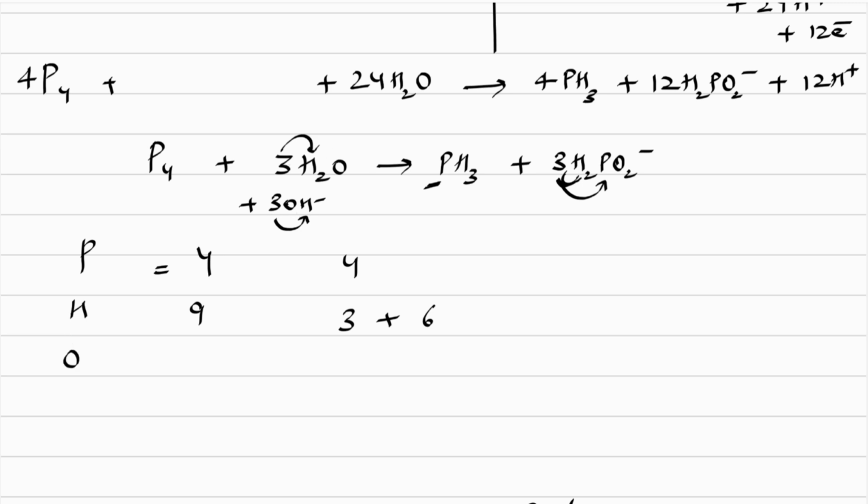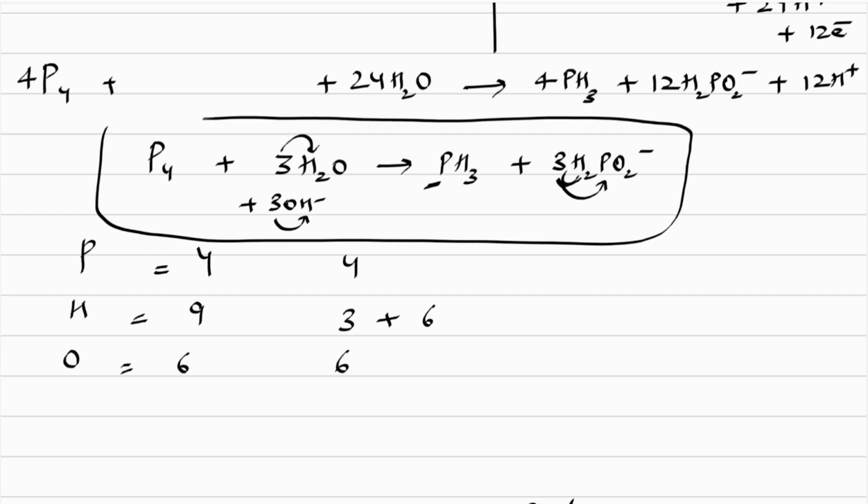Oxygens, we have 3 from water and 3 from hydroxide ion, so that becomes 6 oxygen, and here, because 3 gets multiplied with 2, we have 6 oxygens. So this reaction is balanced now. Okay, so this is your balanced disproportionation reaction.